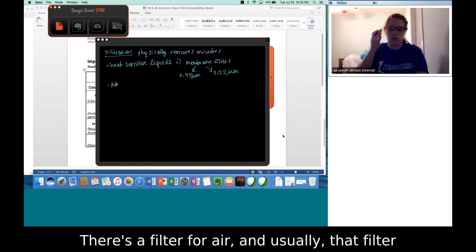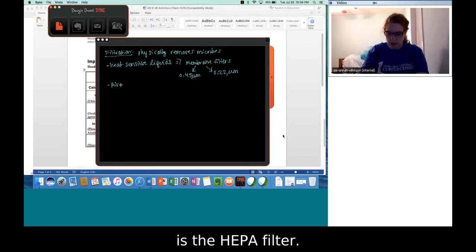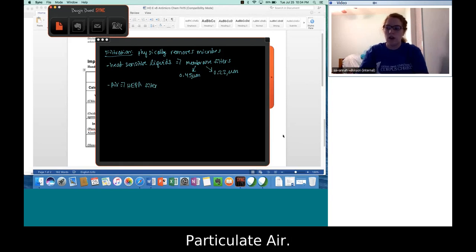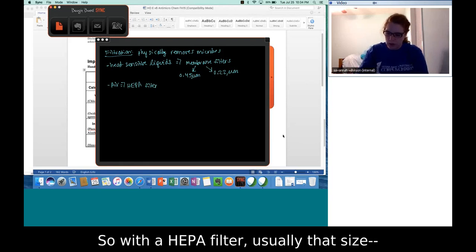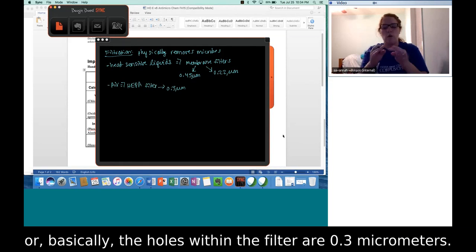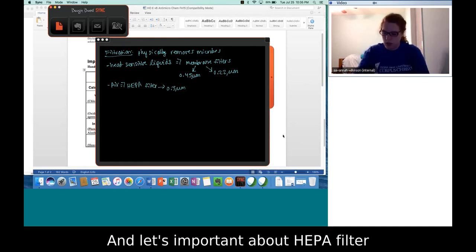There's a filter for air, and usually that filter is the HEPA filter. HEPA stands for high efficiency particulate air. For the HEPA filter, the size of the holes within the filter is 0.3 micrometers.